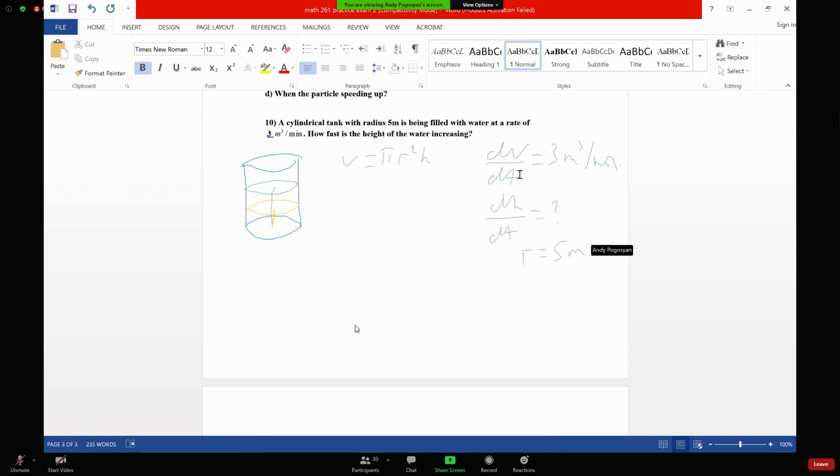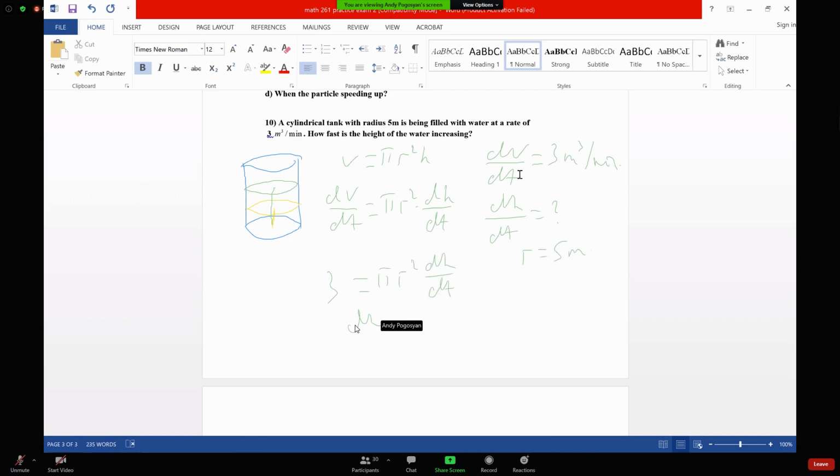Take a derivative, so dV/dt equals pi r squared times dh/dt, because r is constant. So dV/dt is 3 equals pi r squared dh/dt.